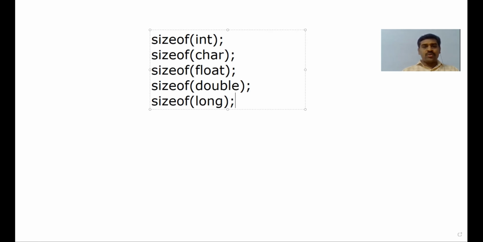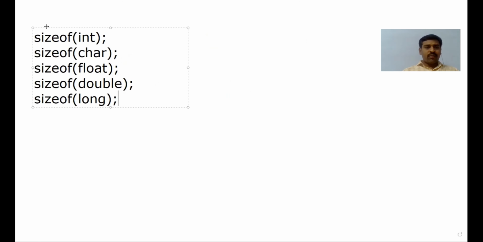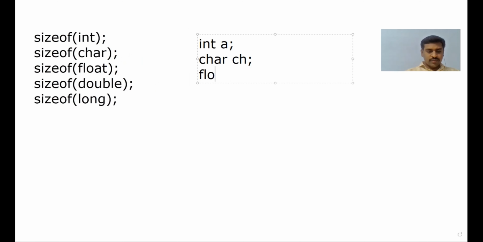We said there is one more way. What is the way? We have to specify the variable name. Now let us declare variables: integer a, character ch, floating point number f, double d, and then long l.